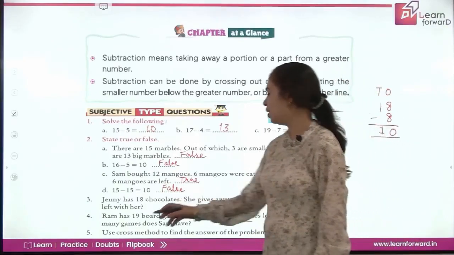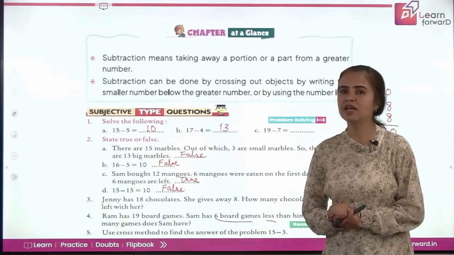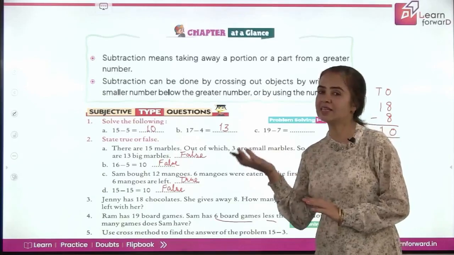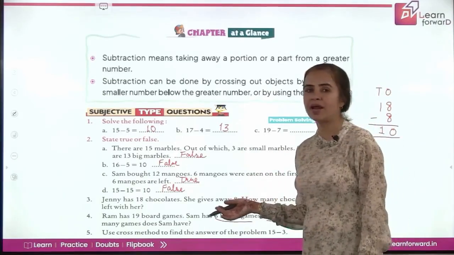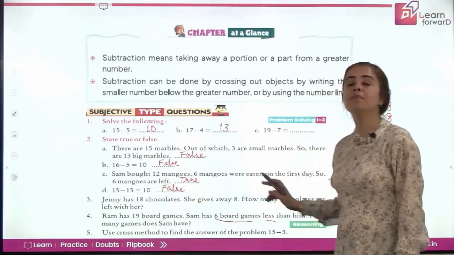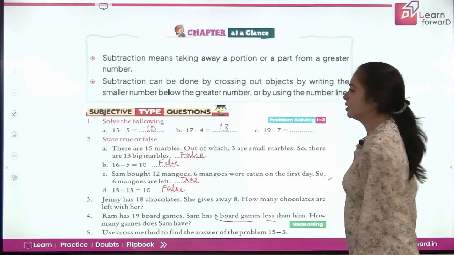How many games does Sam have? What are we going to do? Yes, because he has less of something, so you will subtract. What are you going to subtract? Give me the statement. Yes, 19 minus 6.